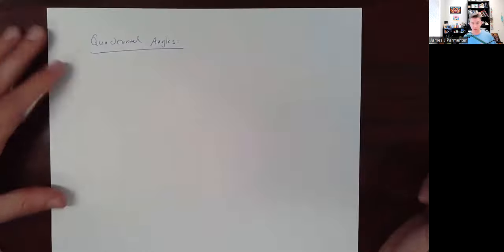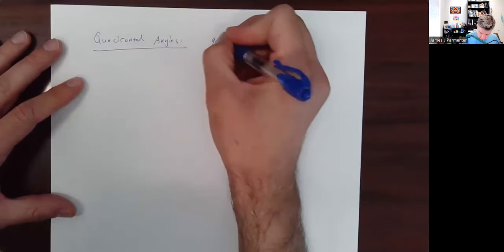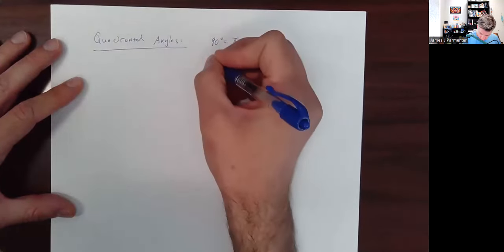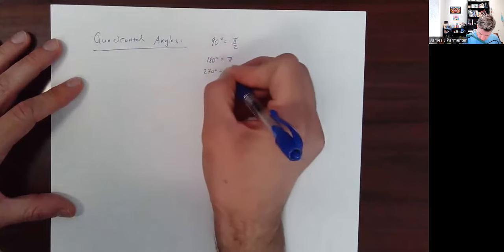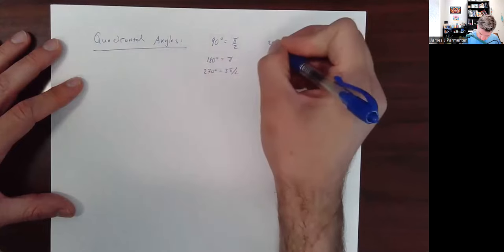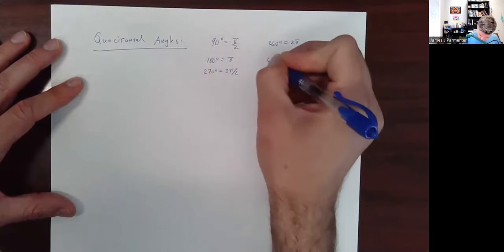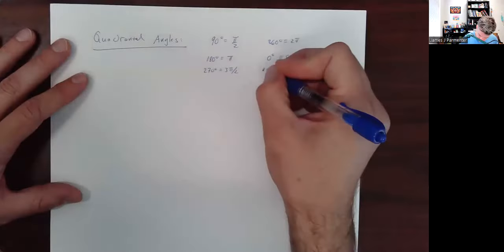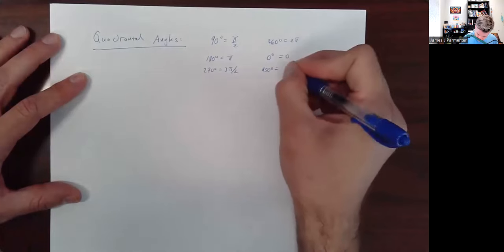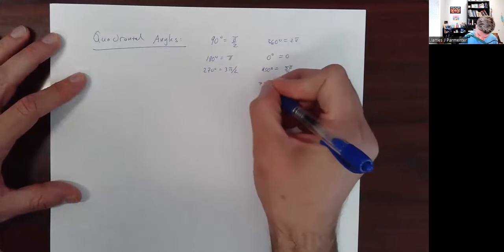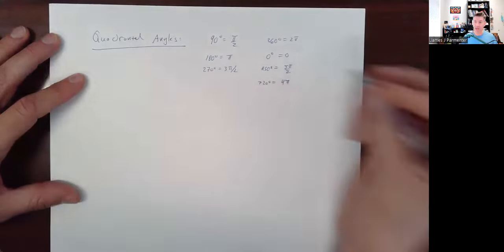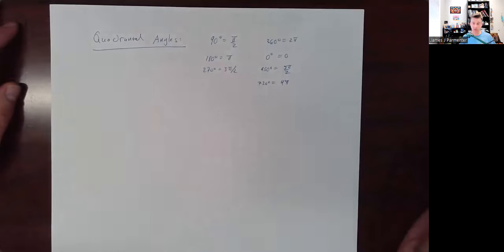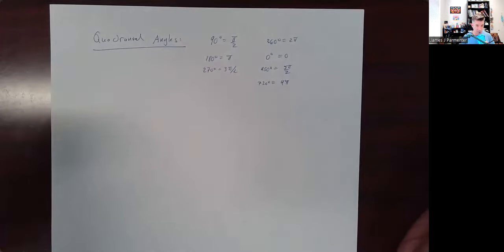Again, 90 degrees, which is pi/2, 180 degrees, which is pi, 270 degrees, which is 3 pi/2, 360 degrees, which is 2 pi, 0 degrees, which is 0 radians, or anything that is hyperextended, like 450 degrees, which would be 5 pi/2, or 720 degrees, which would be 4 pi. Any angle that terminates along either the x or the y axis.